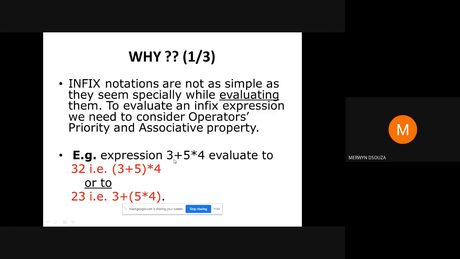But when I don't put parenthesis, you could get two answers. And this is a small expression, so you're getting two answers. Maybe if there were more variables and more operators, you would have got many more answers. So that is one of the reasons infix expressions are not as simple. You need to consider priorities, you need to consider associative property. What I mean by associative property is like this, putting the brackets and all.